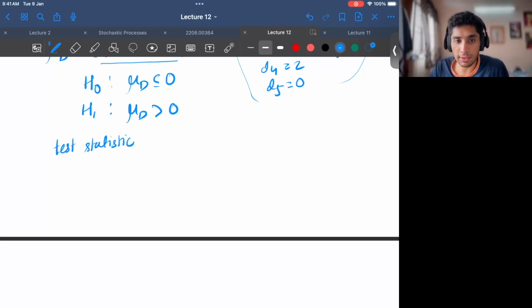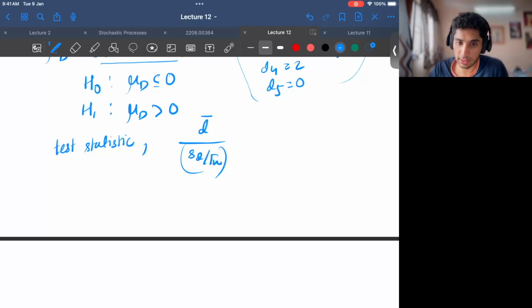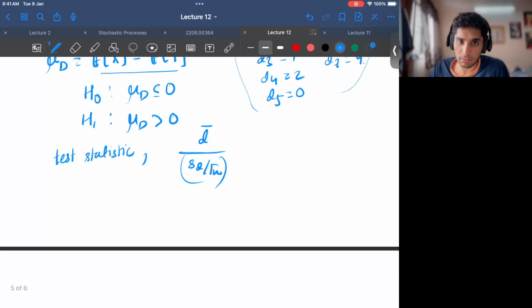When you are looking at paired differences, the test statistic is simply D bar divided by SD by root n, where SD is your sample standard deviation.